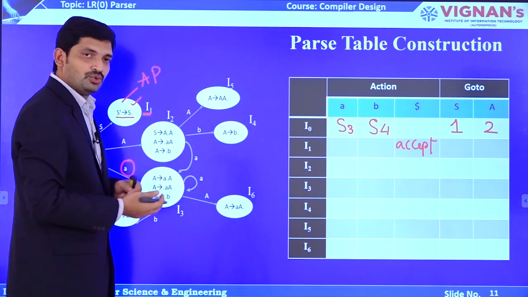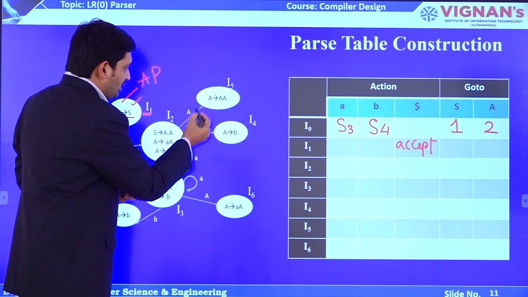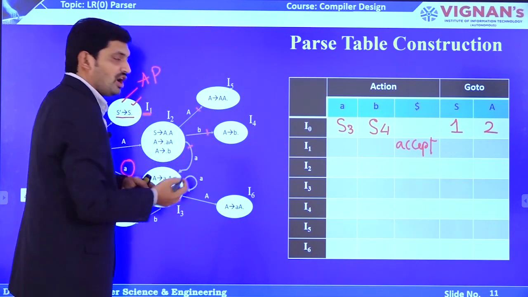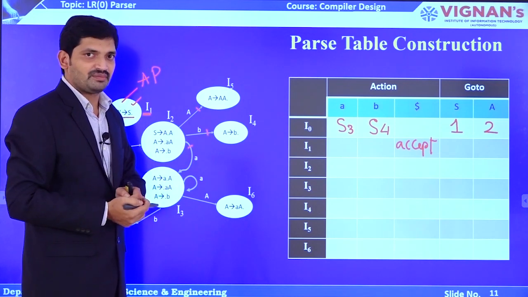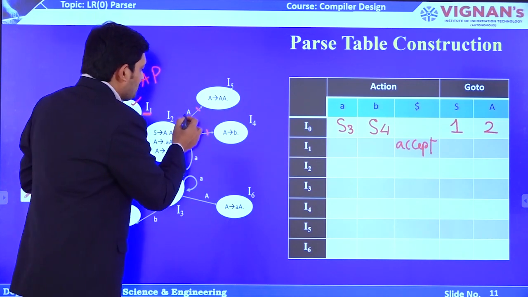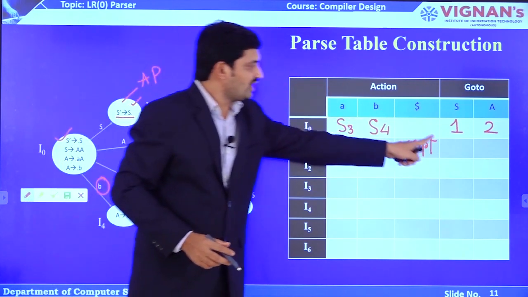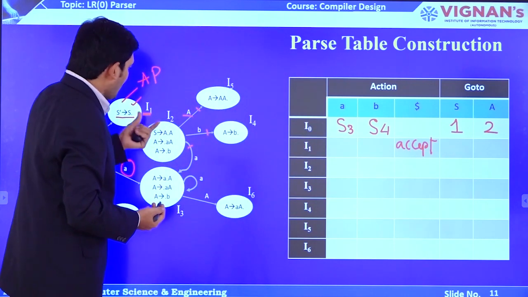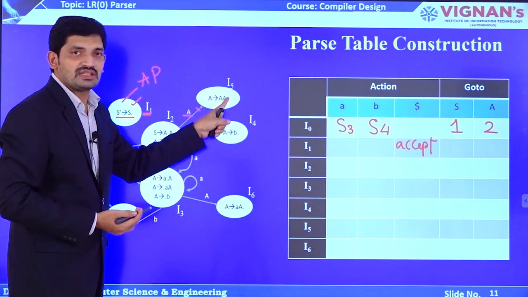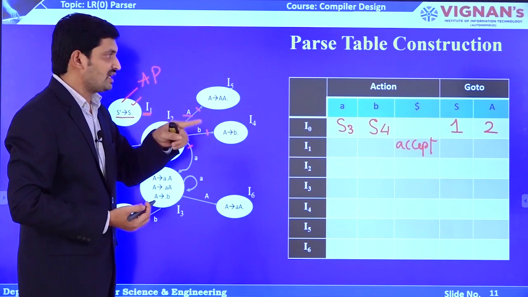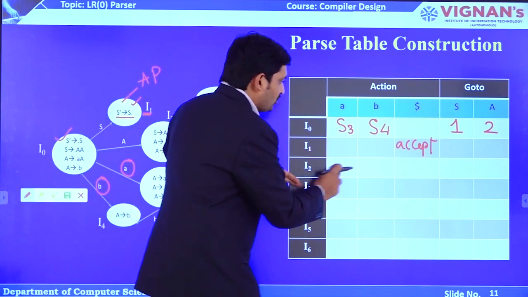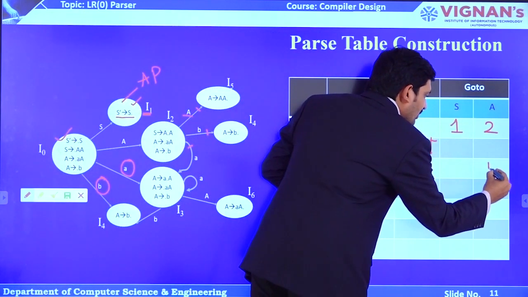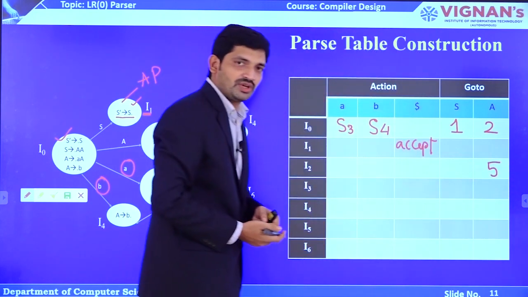Then come to the I2. From I2, there seem to be 3 go-to operations. Now come to the first one, which is capital A. So I have to go for the go-to part, and on I2 on capital A, it is I5. So I have to write the state number there. So I2 on capital A, I went to the 5th state. Okay.